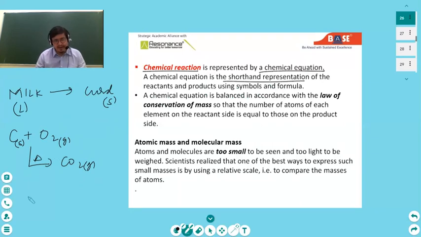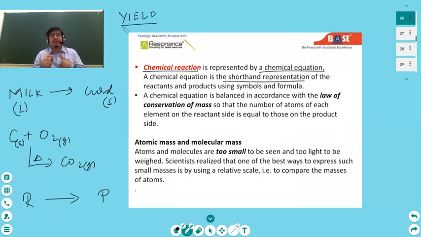So you write reactant on one side, product on another side. According to convention, convention means what we follow, reactants are written on the left hand side and products on the right hand side, and in between them we put an arrow. This arrow means yield.